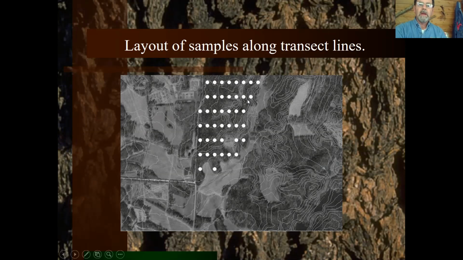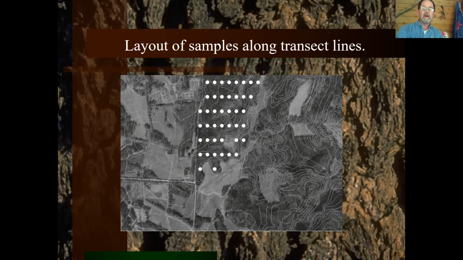But a point I want to make here is that you notice the topographic lines here, and this is telling me that right in here is a valley. And so where these topographic lines are real close together, that's indicating steep terrain. And so we don't want to bias our plots and just put them up here on the flat where it's easy to get around in the woods. We can't do that. And so where the plot stops, that's where the plot stops.